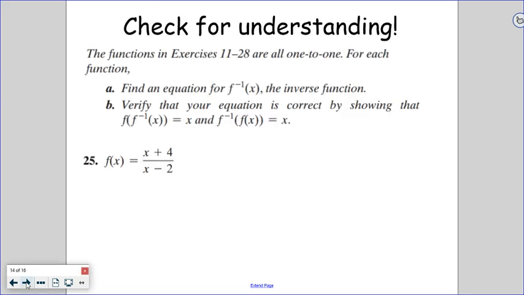This is one of the more challenging ones to do algebraically. I would like you to try this one without me talking through it. If you need to go back to your notes, follow the steps in your notes. If you think you can do it without, do it without.